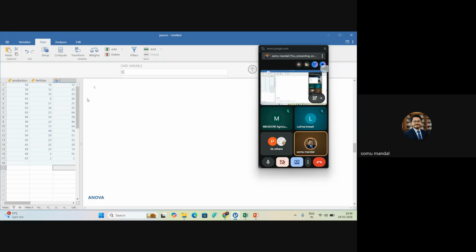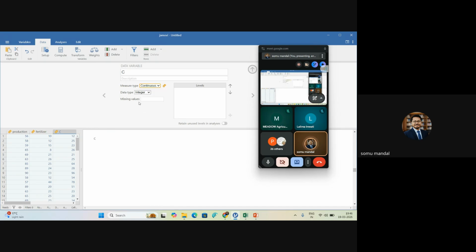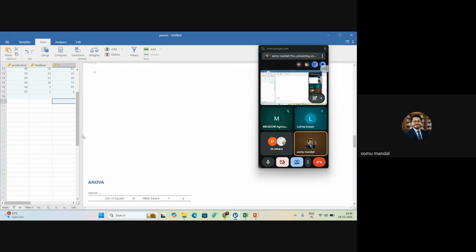Go to the setup, click on continuous data set, integer, yes. Another variable, irrigation.